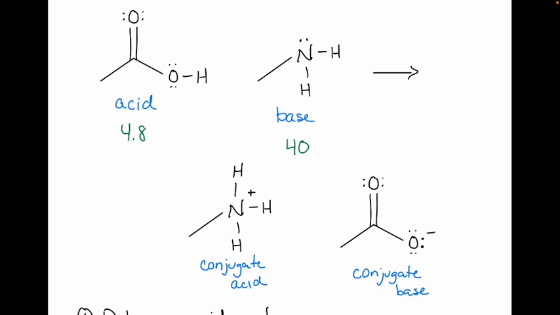All right, so remember, what do bases do? Do they donate or do they accept? Accept. So you're always going to have an arrow from your base reaching out and grabbing that hydrogen, forming that new bond with that proton. And what do acids do? They donate, so you're going to have your acid breaking its bond.